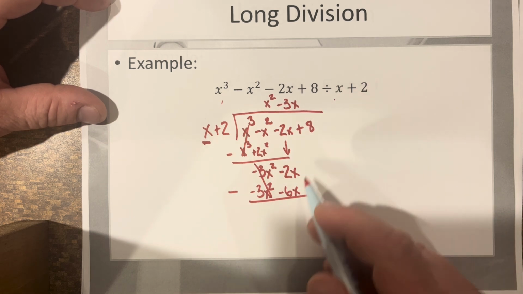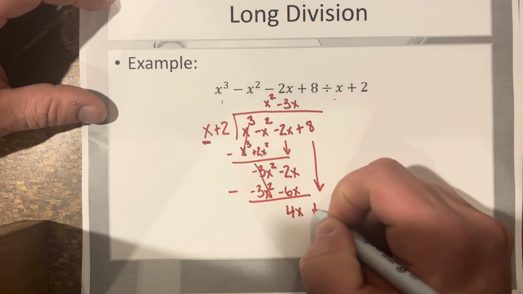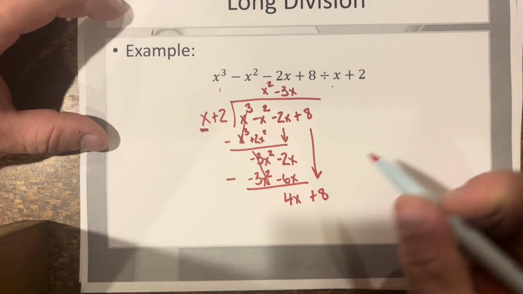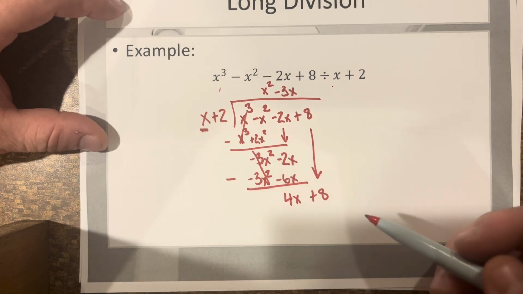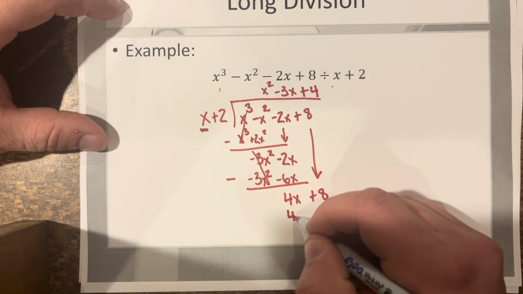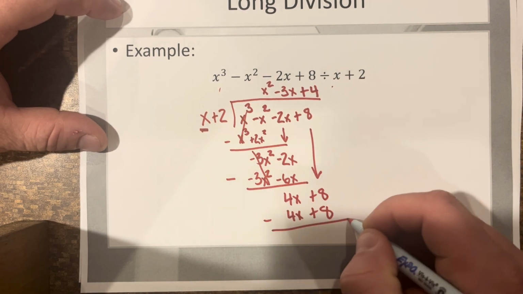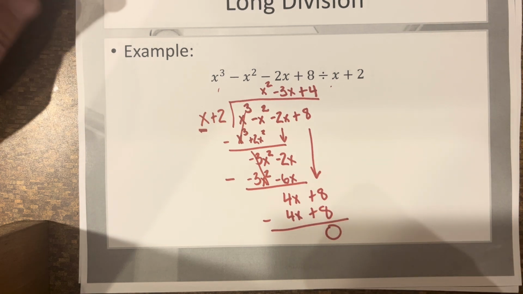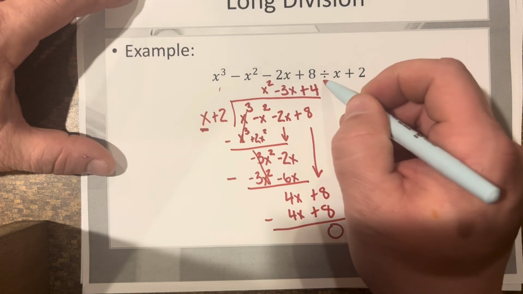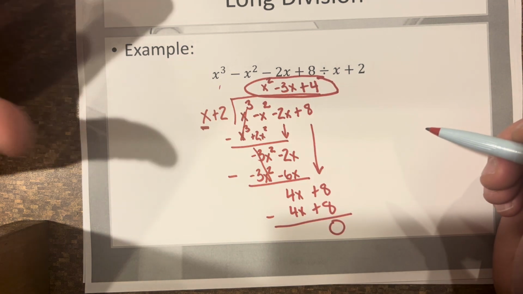Negative 2 minus negative 6 would be plus 4, so we'd have 4x. Bring down the next one, plus 8. x times what gives us 4x? 4. So 4 times x is 4x, and 4 times 2 is 8. When we subtract, we get nothing left. That means this divides out nicely, and this would be our solution.